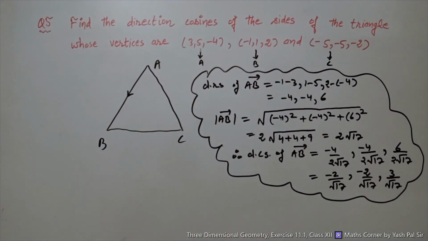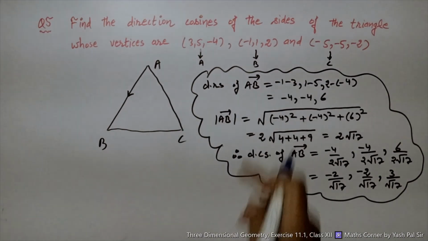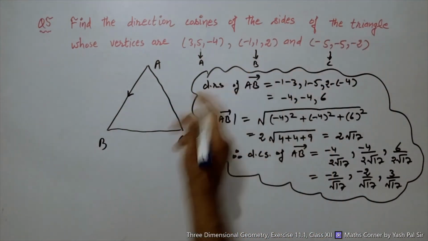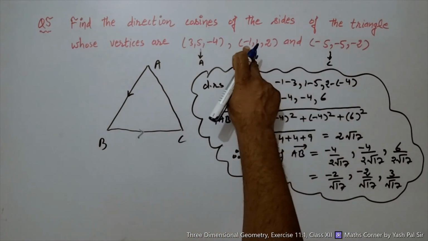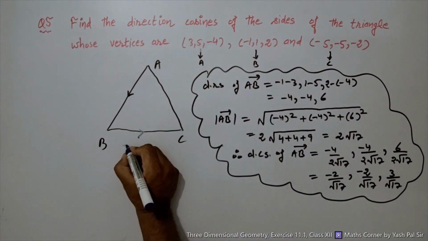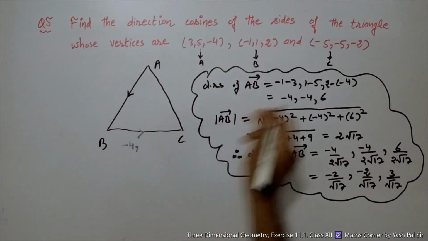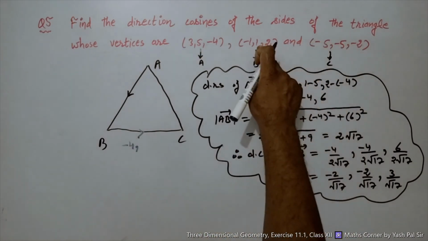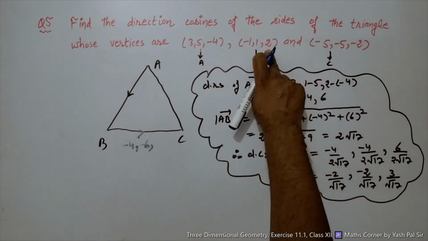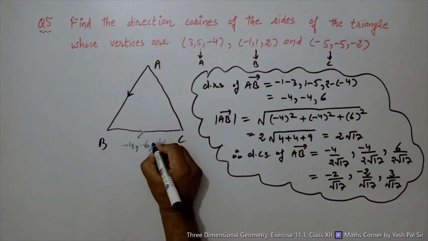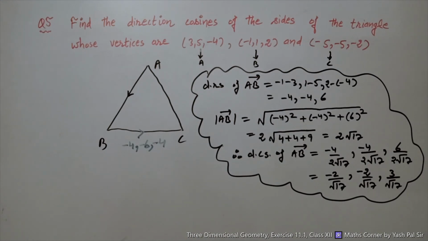Similarly, we can find the direction cosines of other sides. Here direction ratios of BC are -5 minus 1, this becomes -4, -5 minus 1 is -6, -2 minus (-2), so -4, -6, -4.